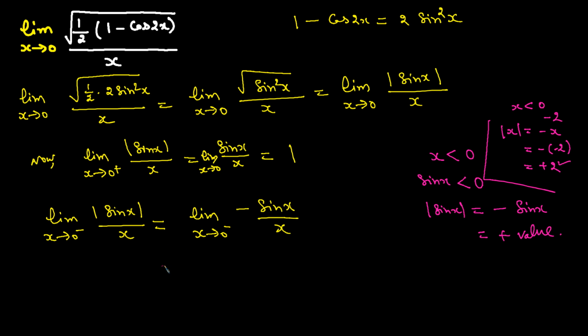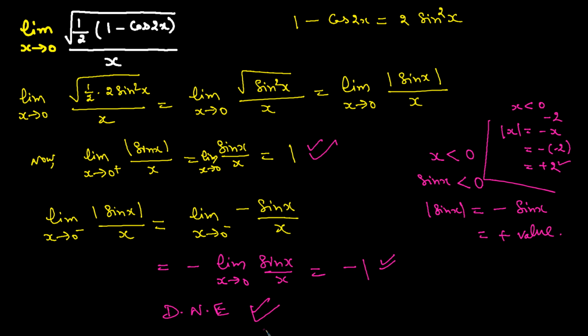So we get negative limit as x approaches 0 of sine x over x, which is negative 1. As the right-hand side and left-hand side limits do not match each other, the limit of this function does not exist. You need to pay extra attention to these kinds of problems.